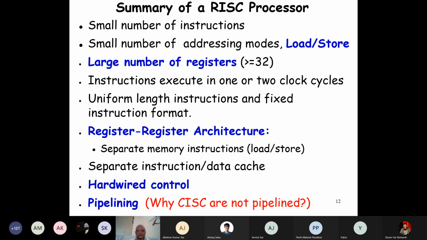So can anybody answer this question: why is it that we don't really have 1024 general purpose registers? We just restrict it to 32 because most of the processors have 32. I have not seen a processor which has 64 registers. Forget about 1024. So 32 general purpose registers, even though we have inside the processor some thousands of registers.